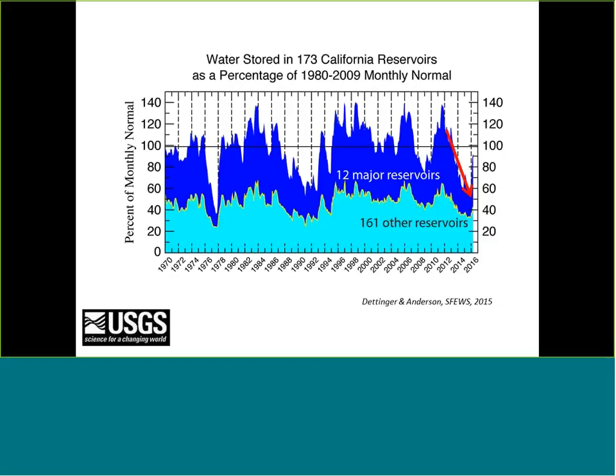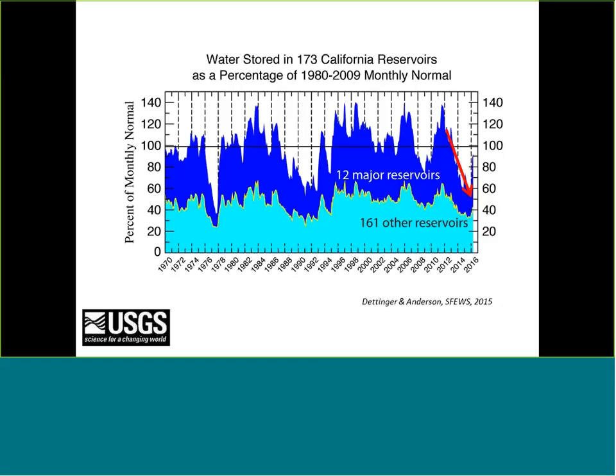Pushing on, there's water stored in a large number of California reservoirs. So what I'm plotting out here is the amount of water stored in a large number of California reservoirs. All the big ones, a lot of the medium ones, a ridiculous number of the small ones, but nowhere near all of them.